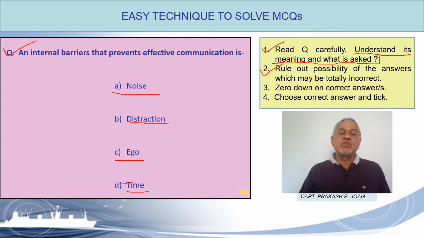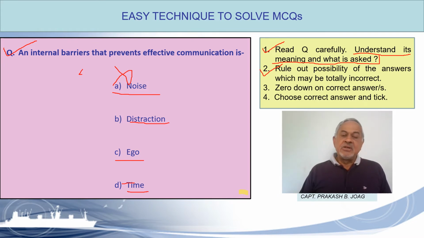Okay, so that is the first option. Noise is made by outside agencies, and it is not within yourself what noise you are going to make. So this noise becomes a not correct option. Okay, so noise we have ruled out, we are totally ruling out noise.